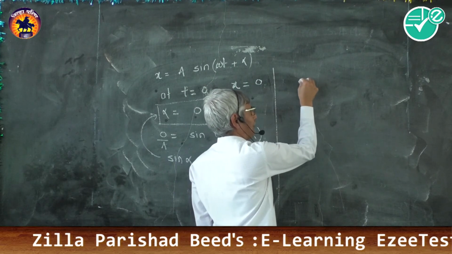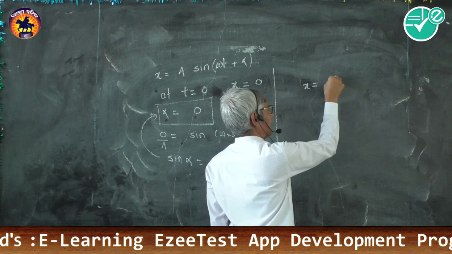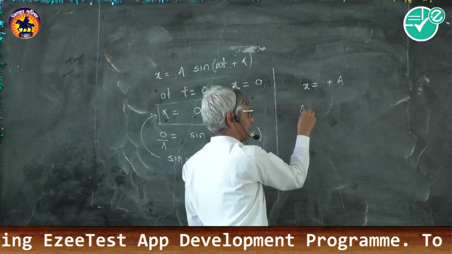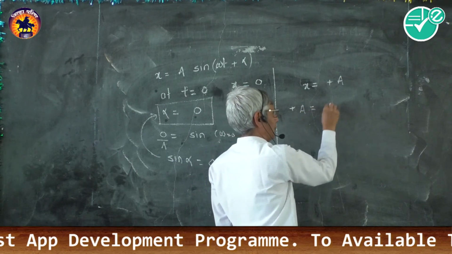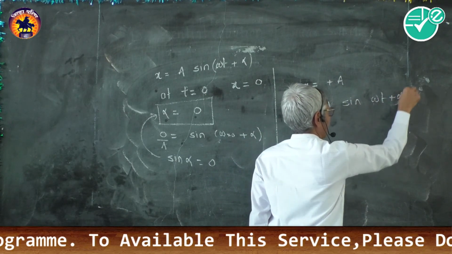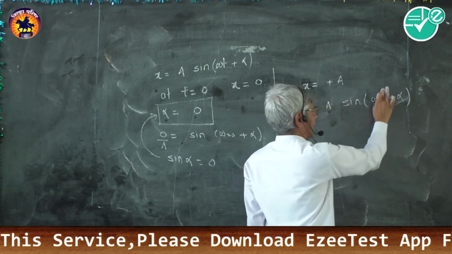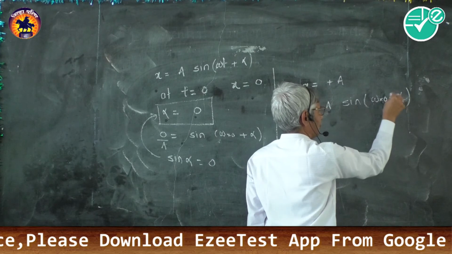And if the particle starts its S.H.M from the positive extreme position, x is equal to plus A, then plus A is equal to A sin(omega t plus alpha) becomes plus A equal to A sin(omega into 0 plus alpha).